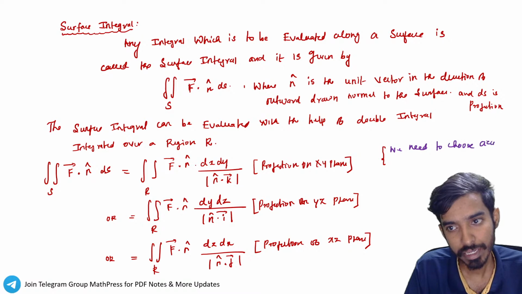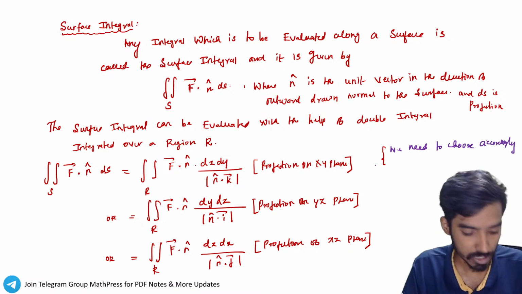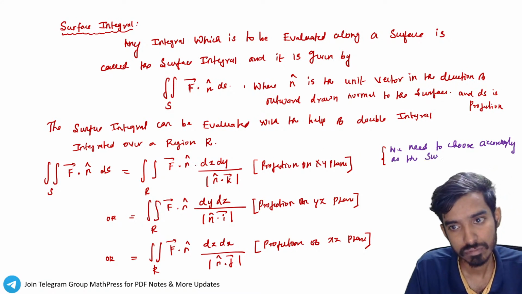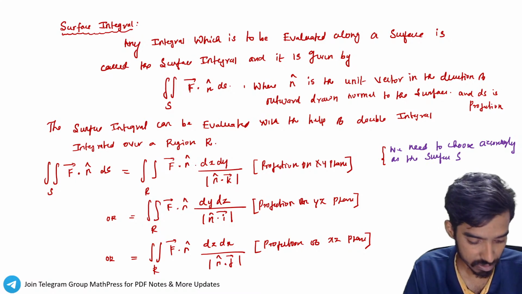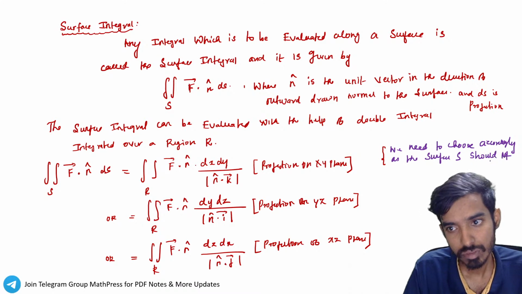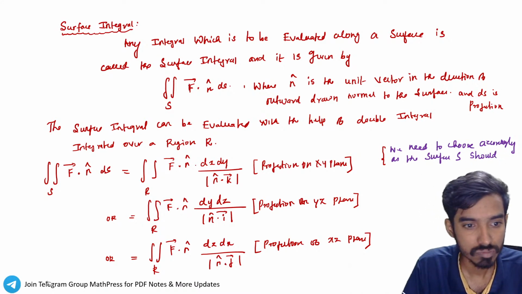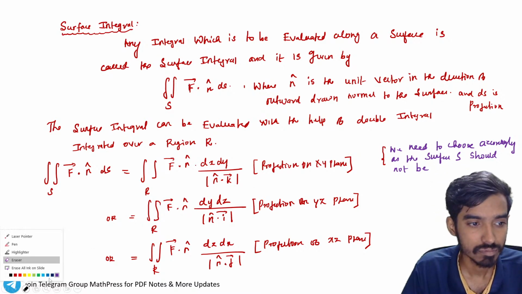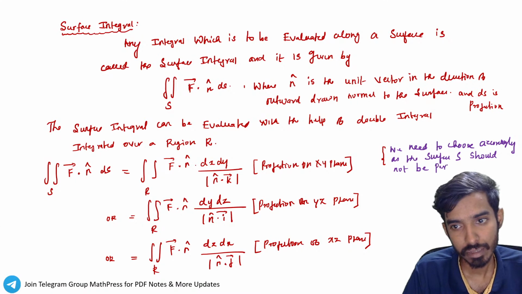We need to choose accordingly: the surface S should not be perpendicular to the projection plane.